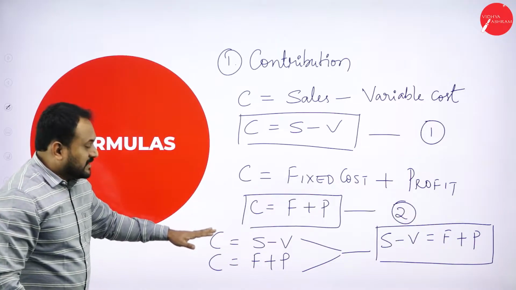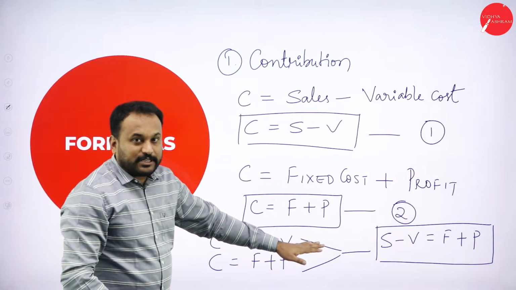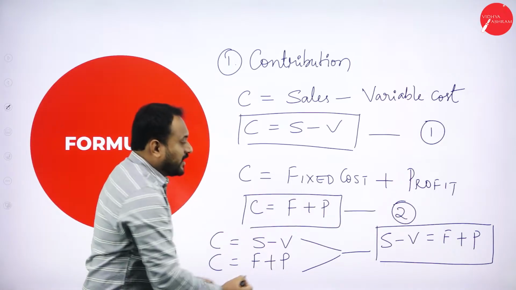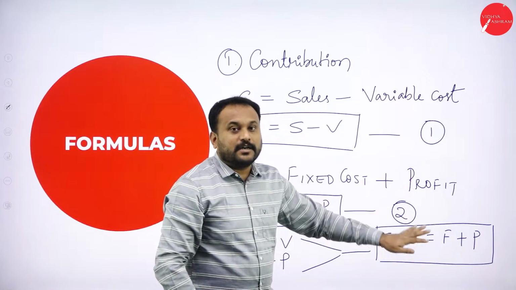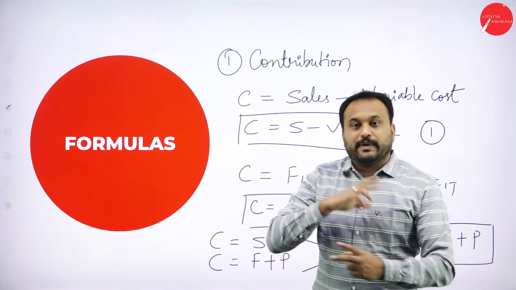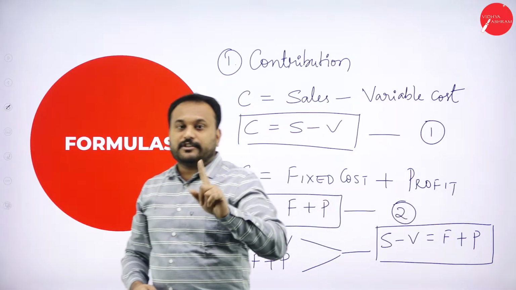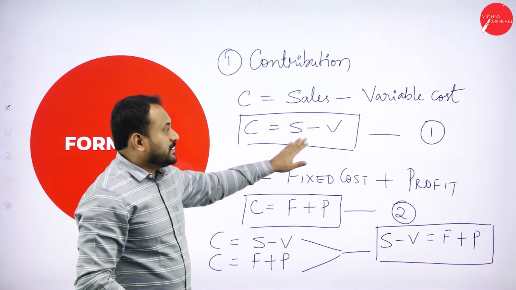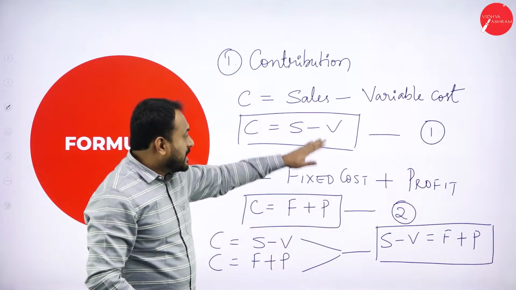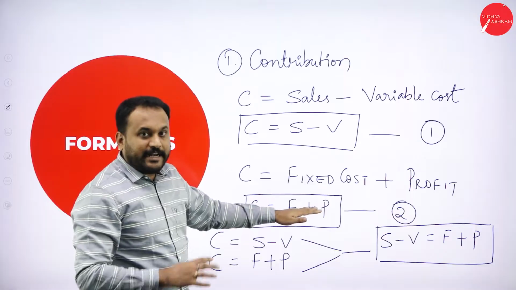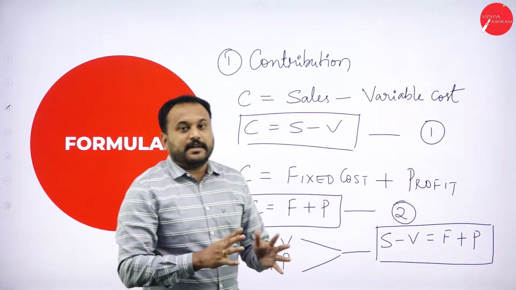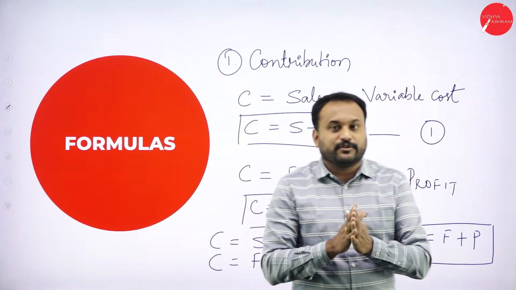When C is equal to sales minus variable cost and fixed cost plus profit, these two are equal. So we can go with the formula. This is my third formula. So totally, contribution, how many ways can we go with? Two ways. The first way is sales minus variable cost, or fixed cost plus profit. Combining both, I can write sales minus variable cost is equal to F plus P. Is it easy, students, for you to remember?